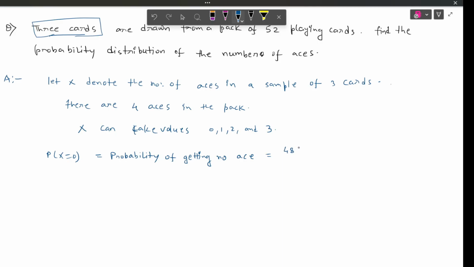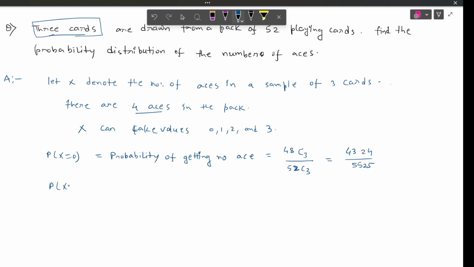Because there are 4 aces and you are not getting any ace, you have taken 3 cards from 48 cards. So 48C3 divided by 52C3. If you calculate, this value comes out to be 4324 upon 5525.